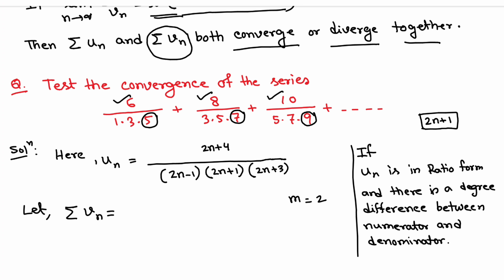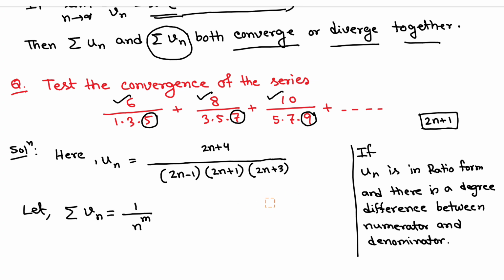So if the degree of the numerator is less, then you have to take the series Vn as 1 by n to the power m. Clear? And if the degree of the denominator is less than the numerator, then in that case you have to choose n to the power m.